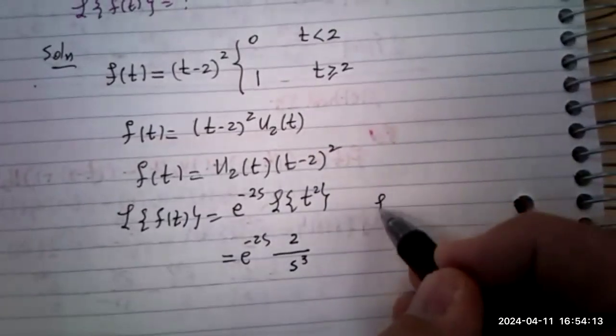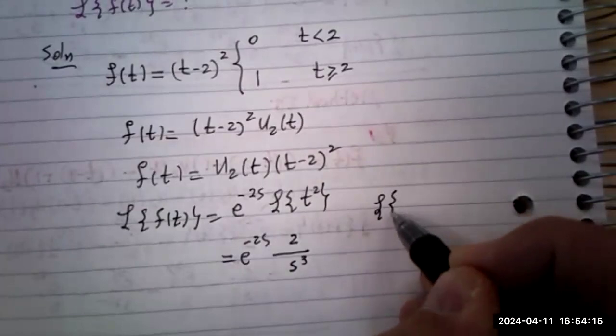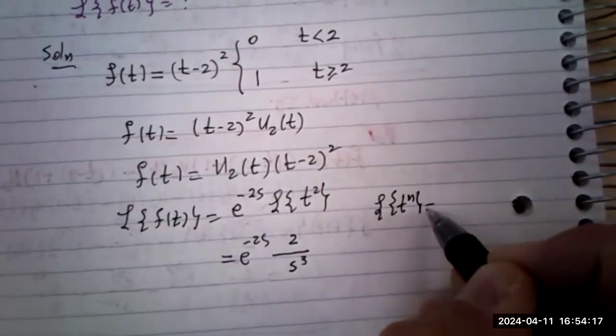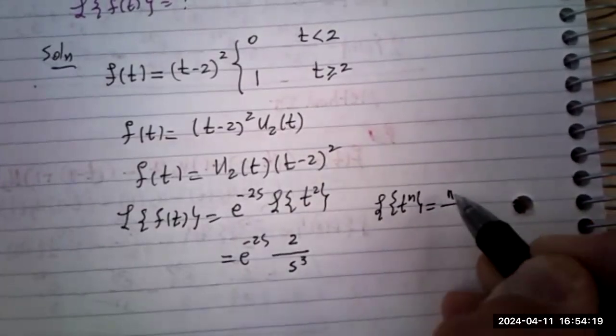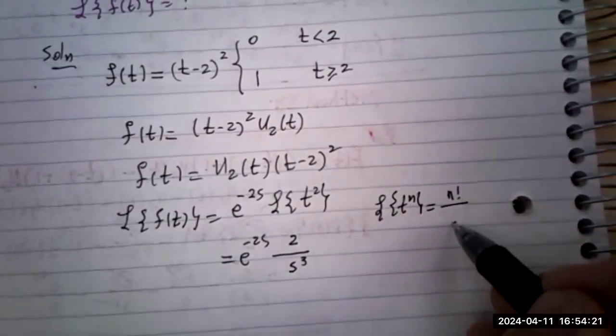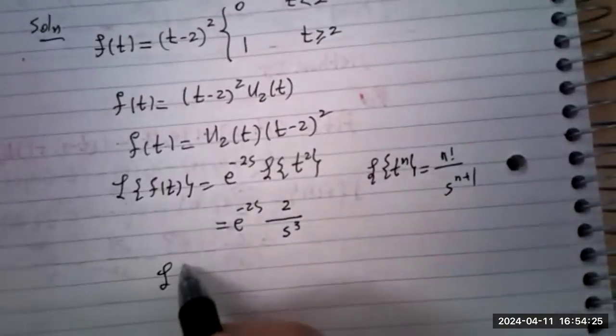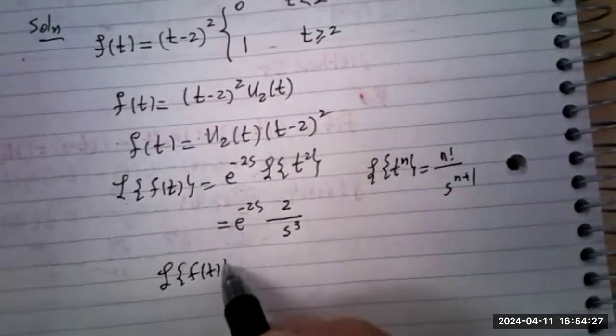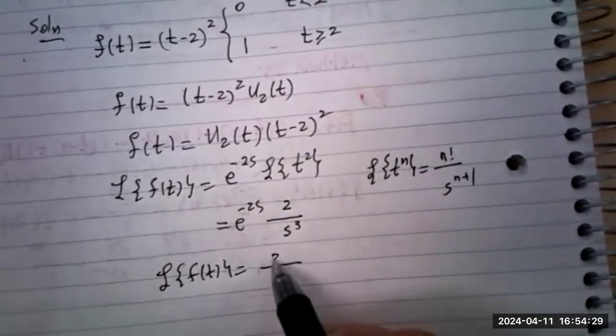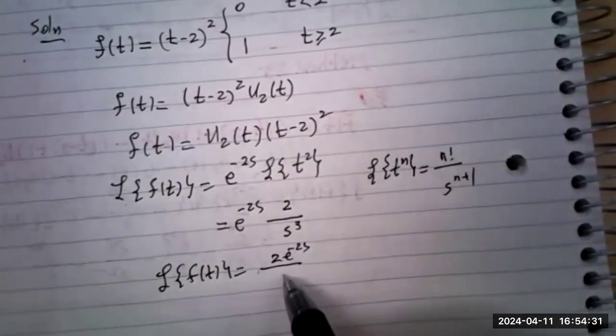We're using Laplace of t to the n is n factorial over s to the n plus 1. That's it. So the Laplace of f of t is simply 2e to the negative 2s over s cubed.